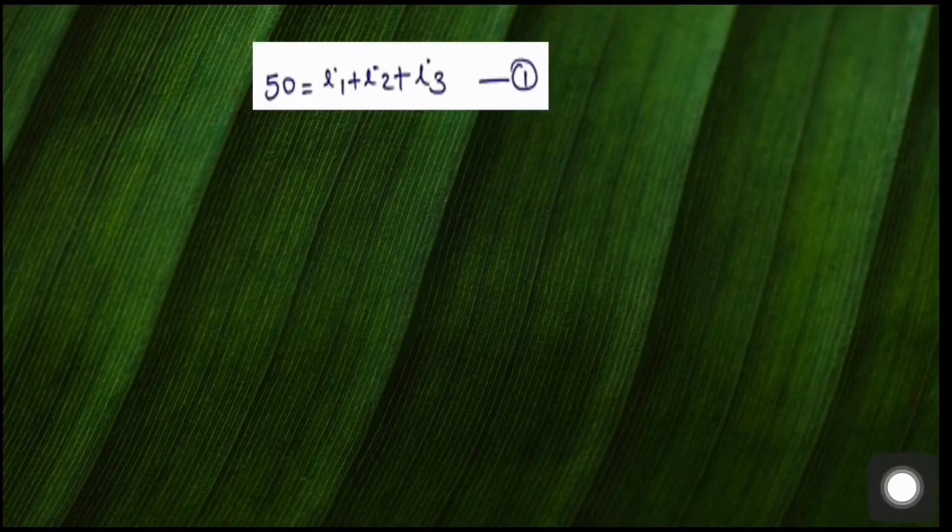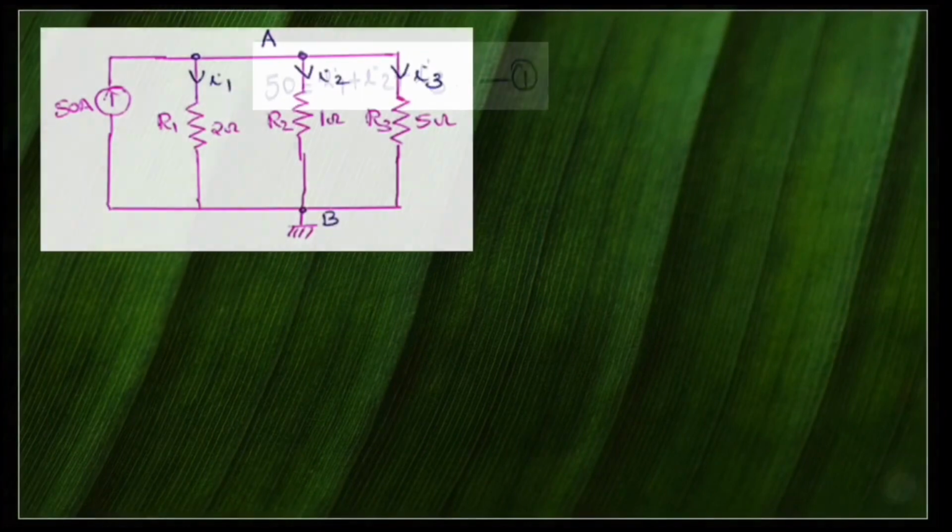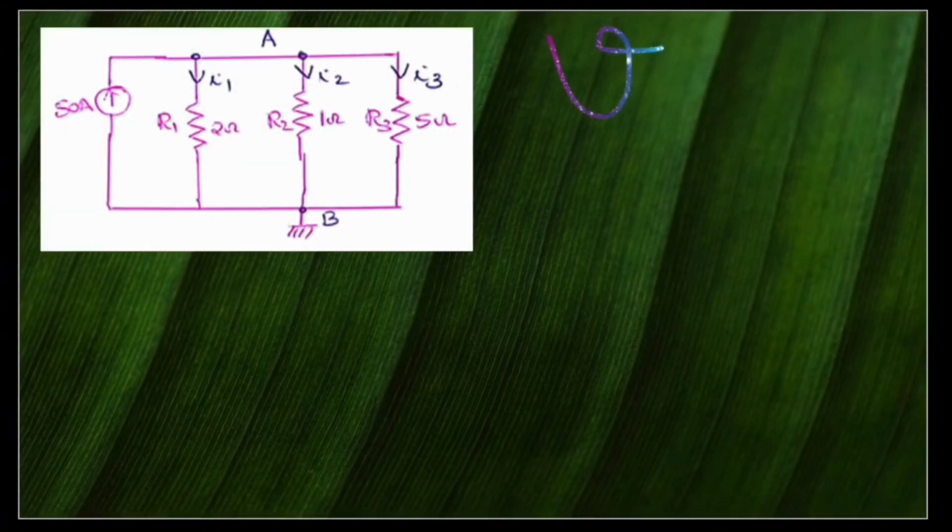Now our task is to find out the expressions of these three currents I1, I2 and I3. Let V be the potential at node A. Now you look at this resistor R1. You can see one end of it is connected to node A, which is at potential V, and other end is connected to node B, which is at potential 0.